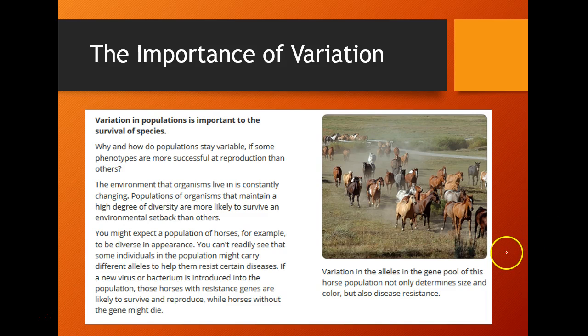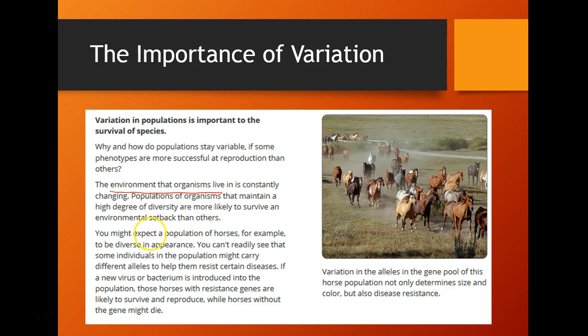So variation in population is really important. It's really important that there are different alleles for each characteristic. And so remember that the environment that organisms live in is constantly changing.